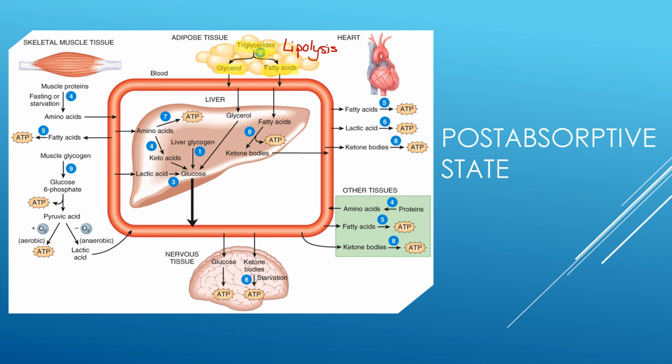Glycerol is also going to be used to form glucose in the blood. Number 3, just at the bottom of the liver here, this is gluconeogenesis using lactic acid. So that's what this one is.